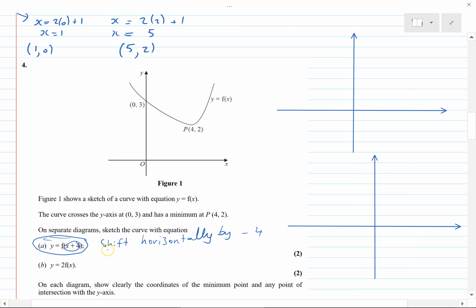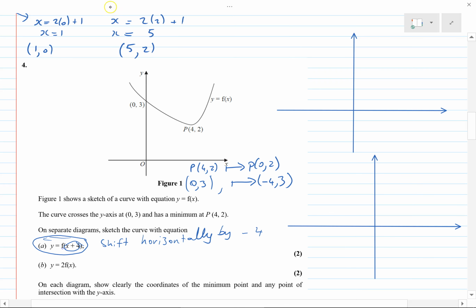That means every y coordinate stays the same. So P, which is (4, 2), would map to P dash, which is (0, 2). It's all moving to the left. And (0, 3), which is also marked in the diagram, would map to (-4, 3).